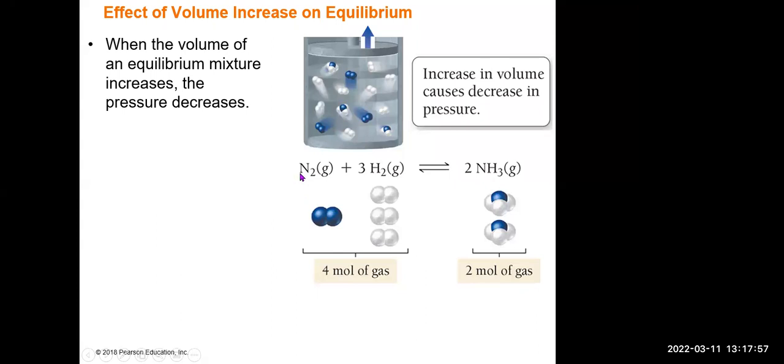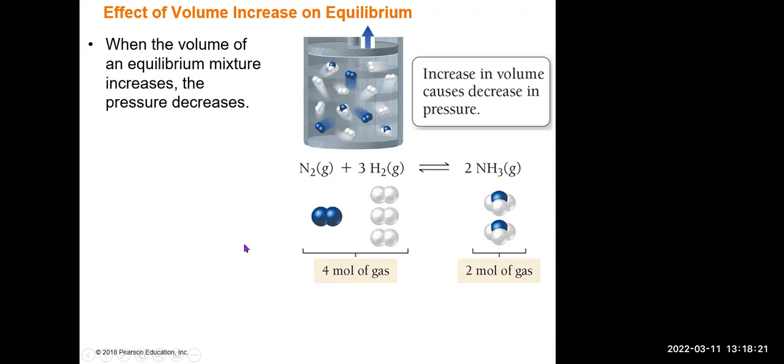We're just adding the coefficients of the substances in the chemical equilibrium which are in the gas state. Here they are all gas, so we add 1 and 3, which equals 4. On the right side it is 2.